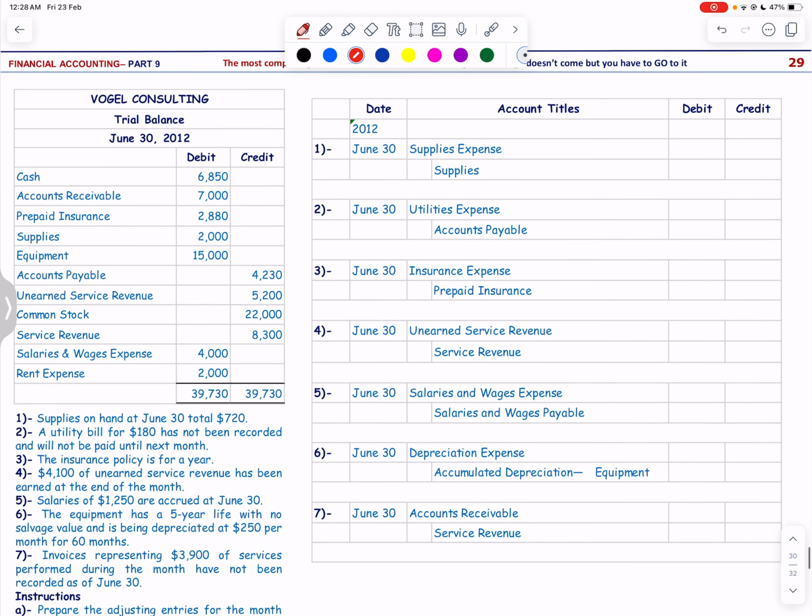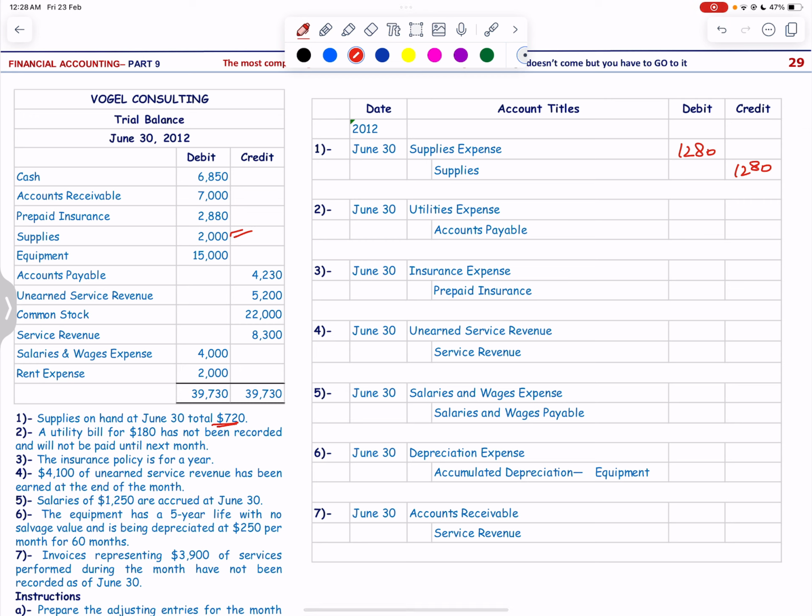You can see the first one is supplies on hand, total 720. Now when supplies on hand are 720 and supplies is 2,000, so 2,000 minus 720, that is 1,280, that is the supplies expense, and supplies will be credited by the same amount.